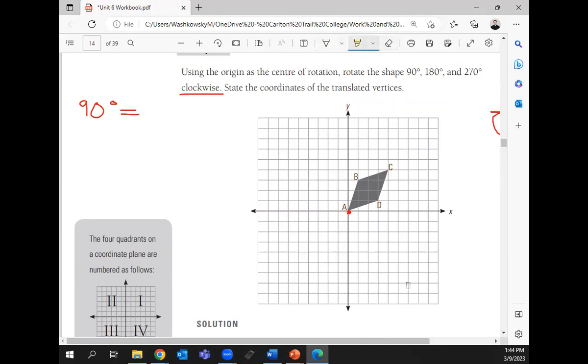We're going clockwise, right? So it's going to end up in this yellow area. First off, all of our X's are going to be positive, so I'm just going to put a plus X there. All of the X's are going to be positive, and all of the Y's are going to be negative for every single point you make, because you want to state the coordinates. That's the main thing we're focusing on now: not just being able to do it, but being able to state the coordinates.